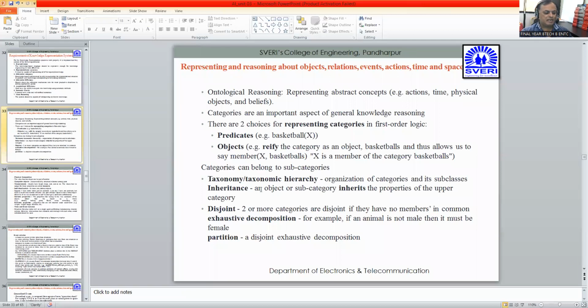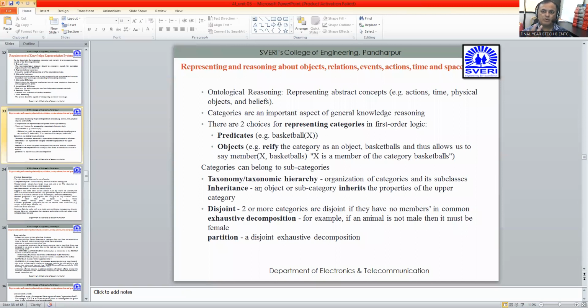Second one is inheritance. Third one is disjoint. Fourth one is partition. Actually, disjoint is having exhaustive decomposition and partition, and taxonomy hierarchy is having this inheritance. So all these things are related with each other. You need to understand about the categories, because once you understand the categories, then you can understand better how the reasoning can be done.